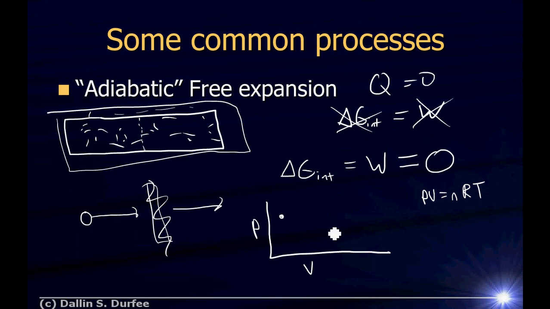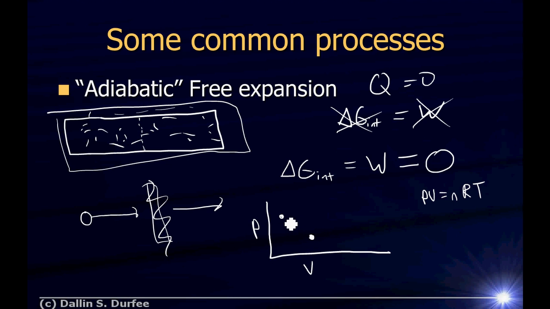If the volume goes up, the pressure must go down. So maybe this is like an isothermal process, where we do something like this. No, that's not what happens. It's not like an isothermal process because it's irreversible. I go from here, then I'm not in equilibrium. I can't even talk about pressure and volume. It's some crazy thing. And then when we come back into equilibrium, we're down here.